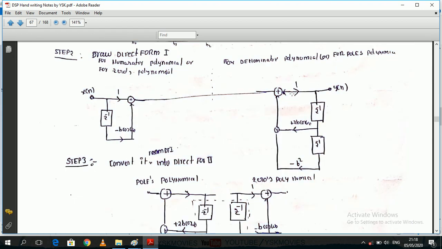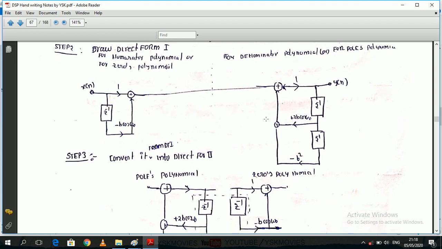There are three coefficients, so there are three lines like this. First draw a single line, and there are three lines. Here there are only two lines, and one filter only. There are two filters, and we combine them as a loop. This is direct form 1.